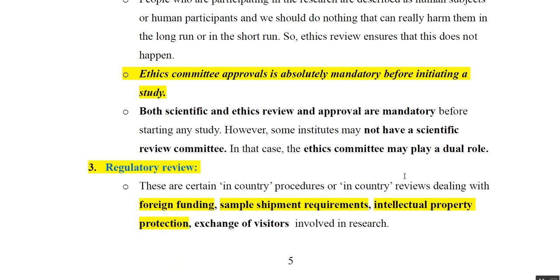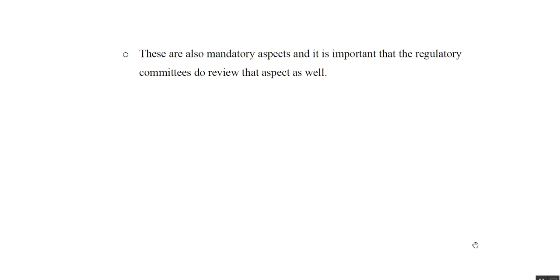The regulatory review is basically certain in-country procedures, and it varies from country to country, and it basically deals with foreign funding, sample shipment requirements, and intellectual property protection, as well as exchange of visitors involved in research. These are also mandatory aspects, and it is important that the regulatory committee reviews these aspects as well.